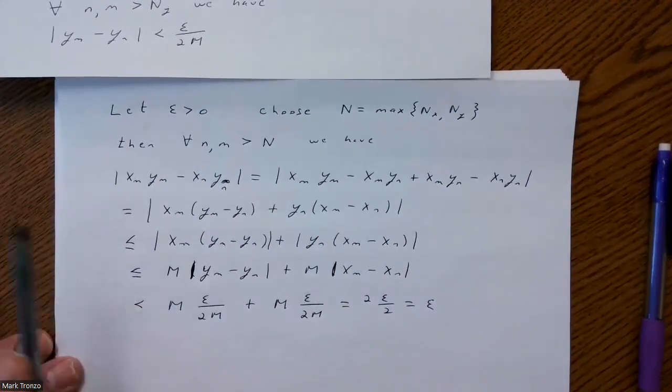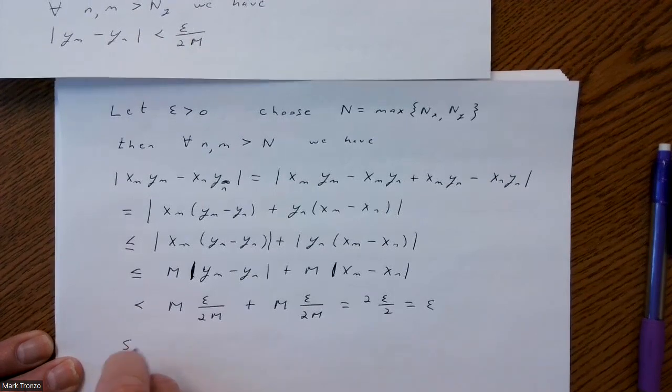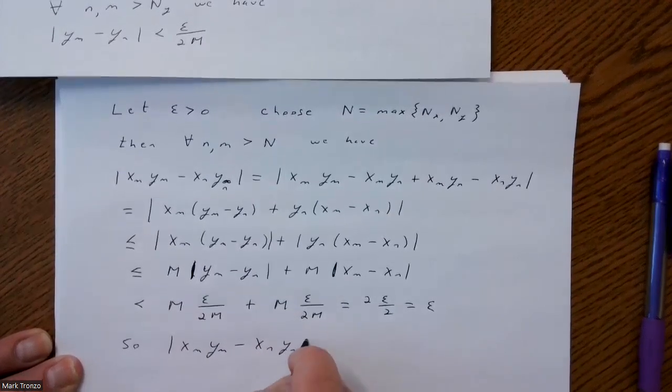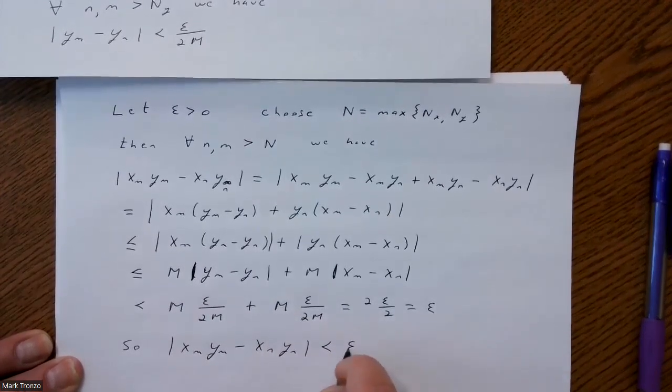So the idea is we started with this and showed that it was less than this. So x_m y_m minus x_n y_n is less than epsilon.